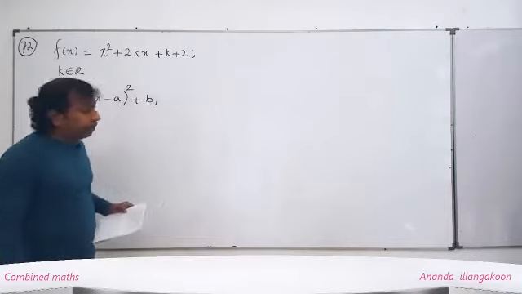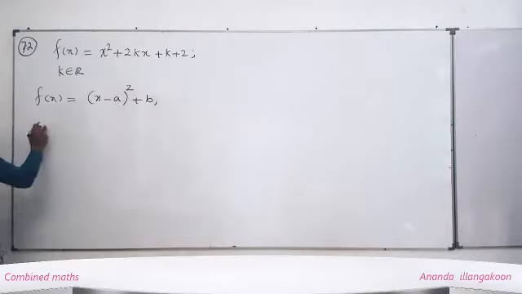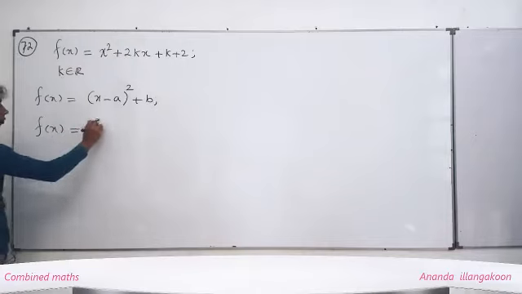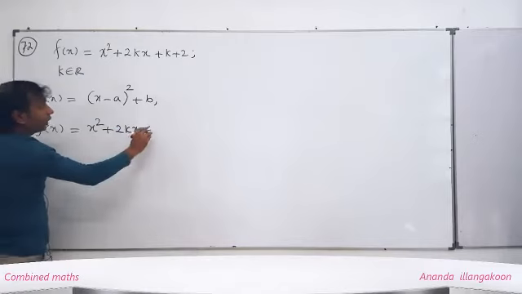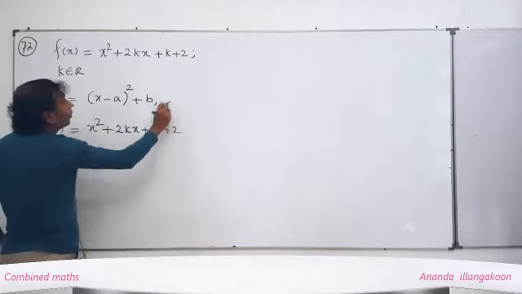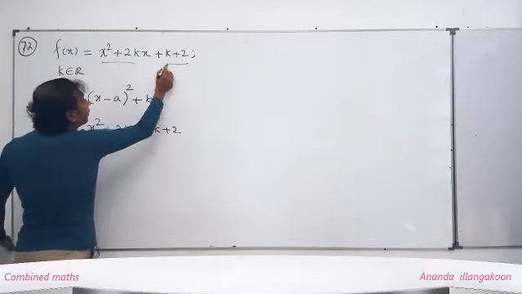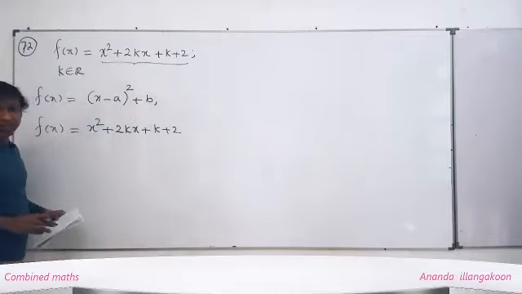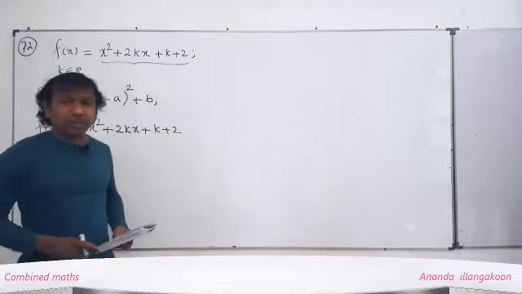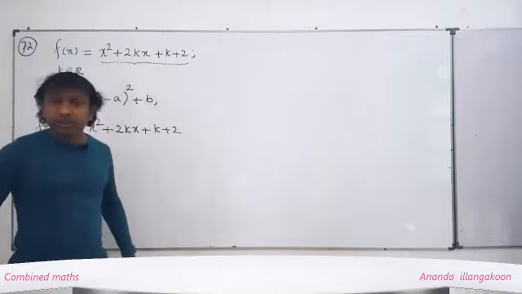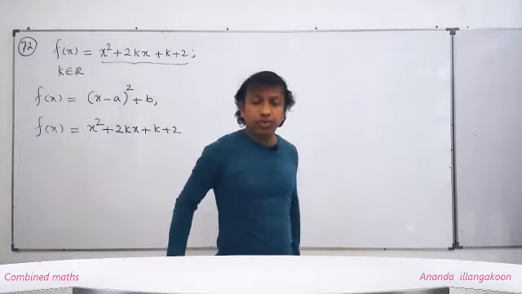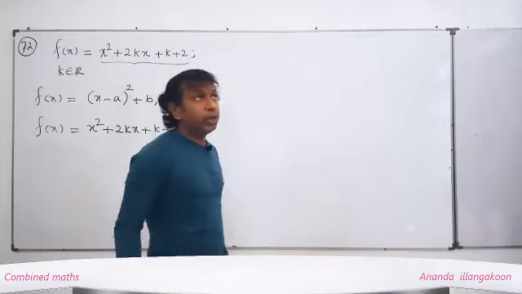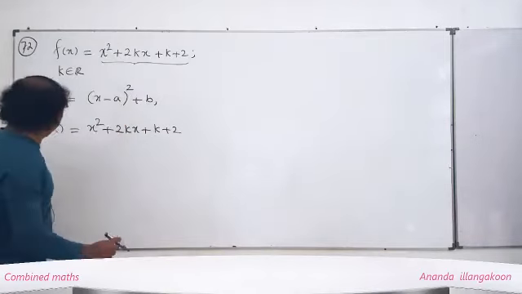What we need to do is, for the f(x) we are given, complete the square on the right-hand side. You know the steps in completing the square, right? We have learned that, so very easily you can do that. Complete the square on the right-hand side.